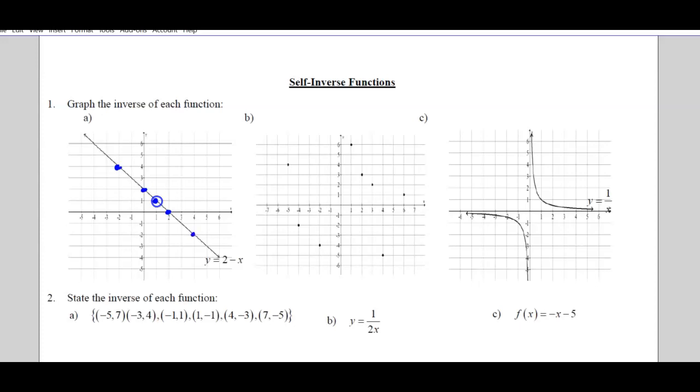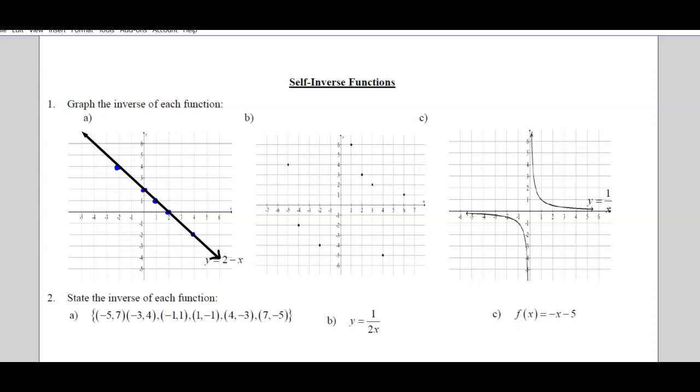So the inverse, I'll just graph over top of it, basically. This next one is just a set of points.